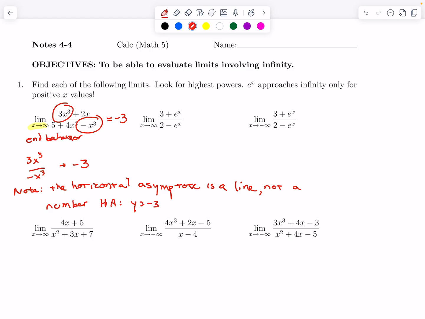Okay, looking at this, e to the x is funny because e to the x gets large for positive x's. But if you have a negative exponent, then it goes to 0.